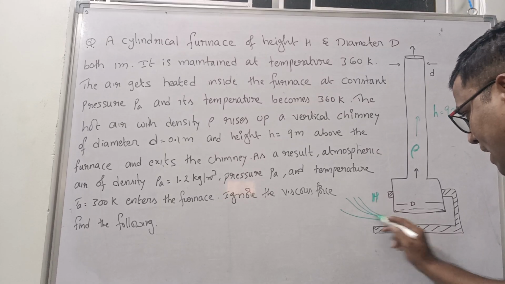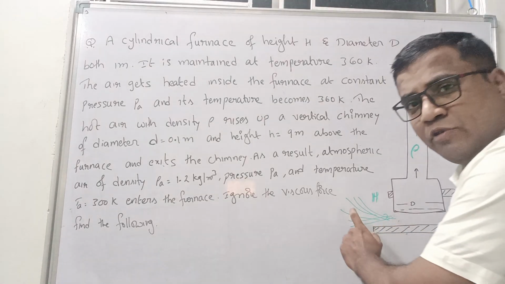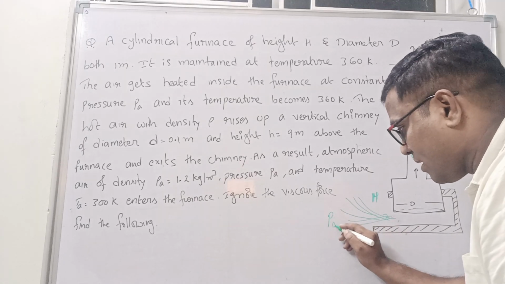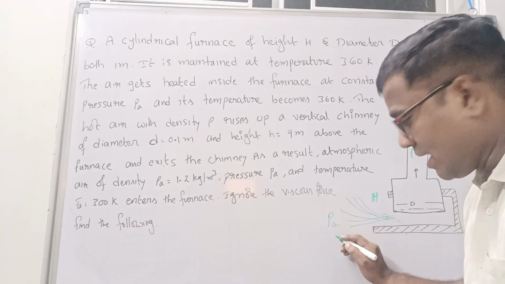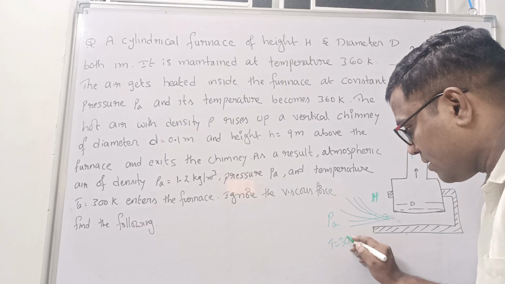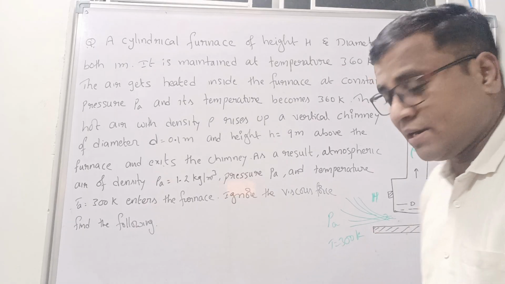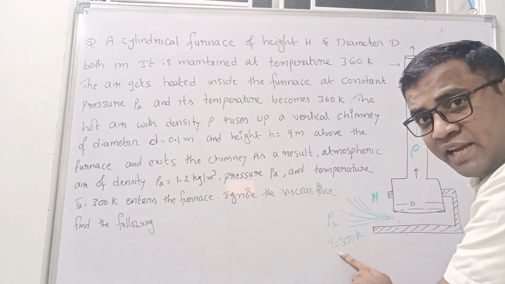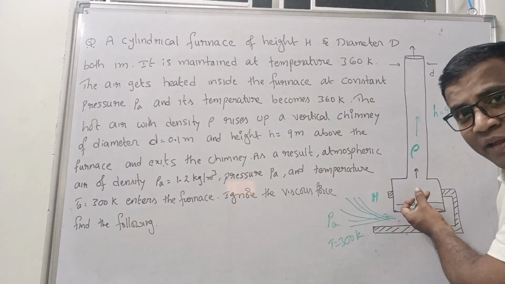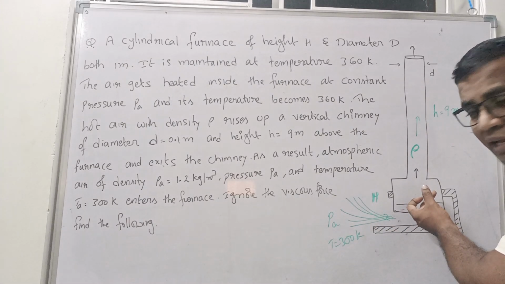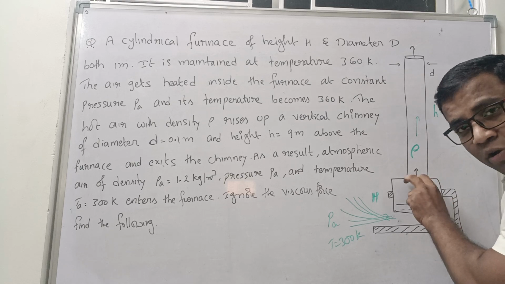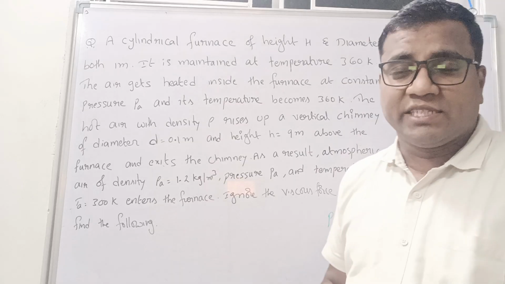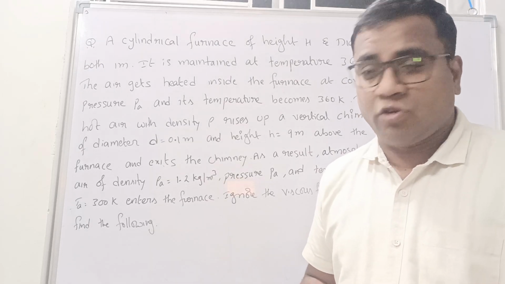For this air, the pressure is given as PA and temperature is 300. When this air having a pressure PA and temperature 300 enters the furnace, the pressure remains constant and temperature becomes 360.